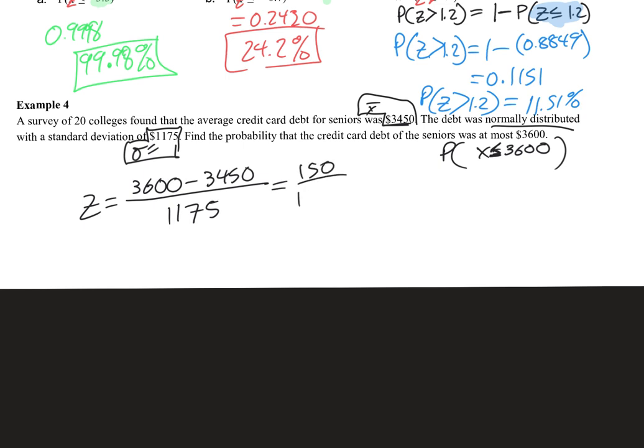Subtract the top, you get 150. And then 150 divided by 1175 gives you 0.1276595745. Look at how specific we can be with the z-score.